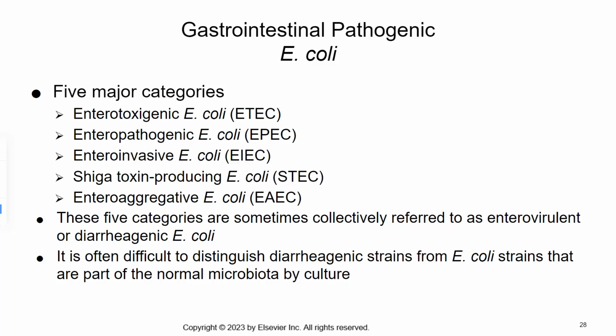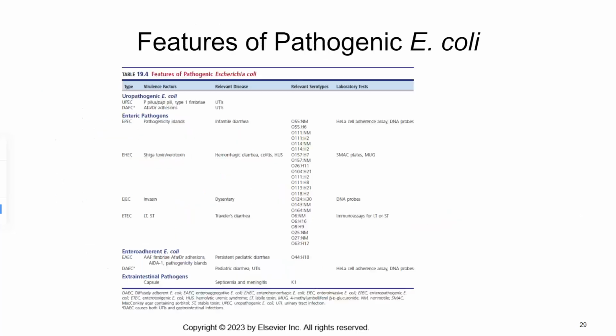These 5 categories are sometimes collectively referred to as the enterovirulent or diarrheagenic E. coli. It's often difficult to distinguish diarrheagenic strains of E. coli from strains that are part of the normal microbiota by culture. This shows some various features, such as virulence factors, the relevant disease, serotypes, and laboratory tests used to distinguish them.